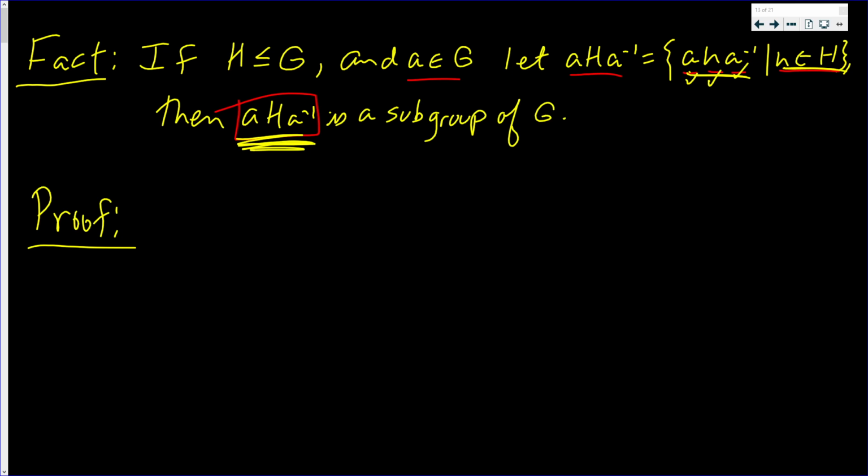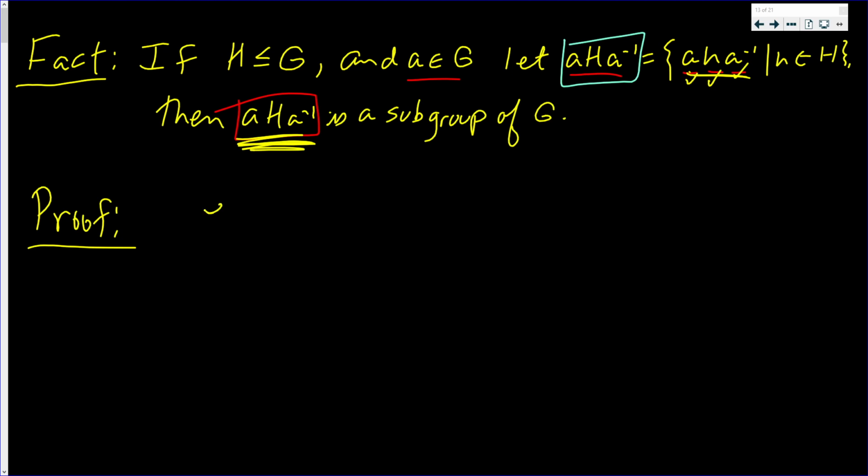It's a special portion of G, but it's in G. So we want to show that this subset of G is in fact a subgroup. We need to show that things are closed and that each element has an inverse.